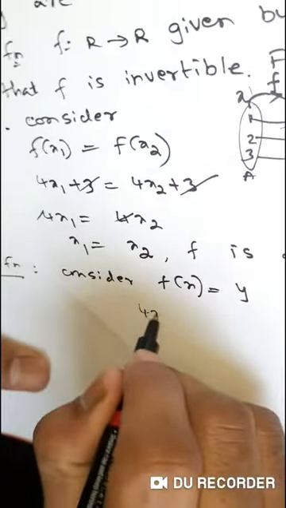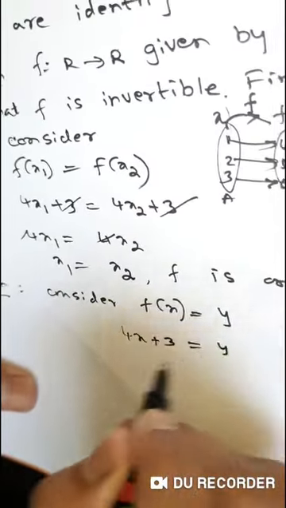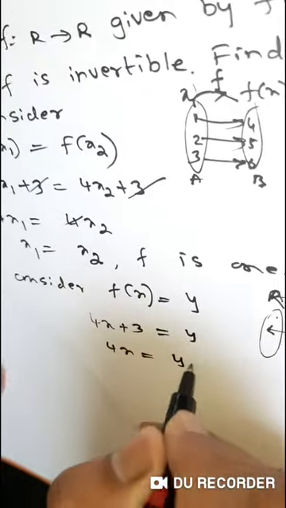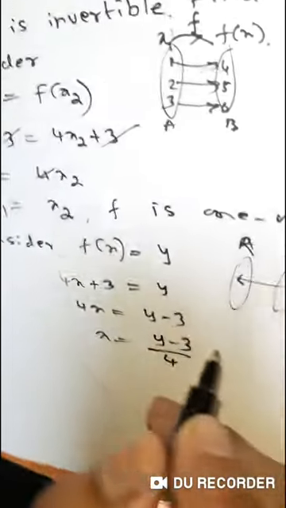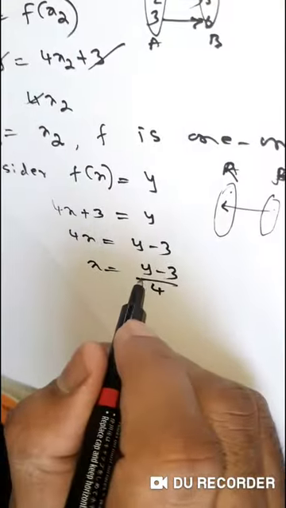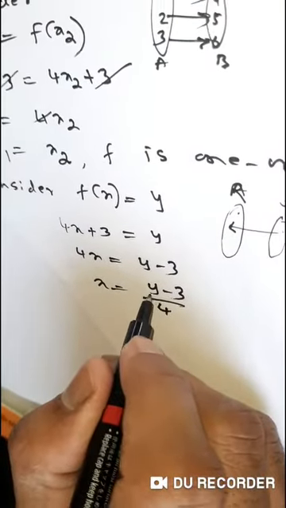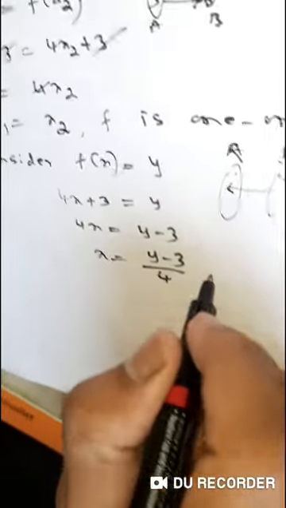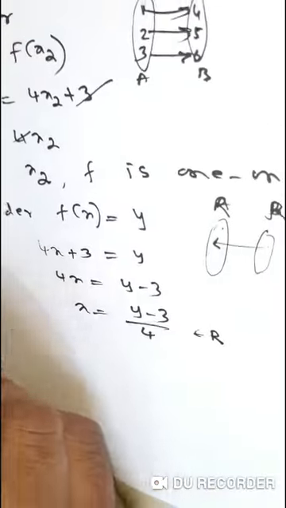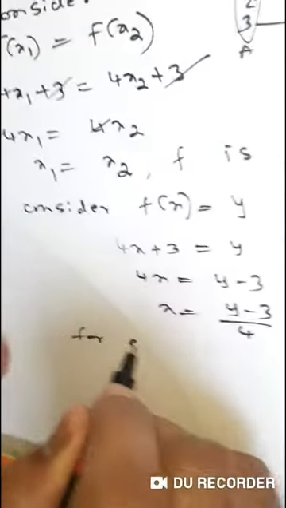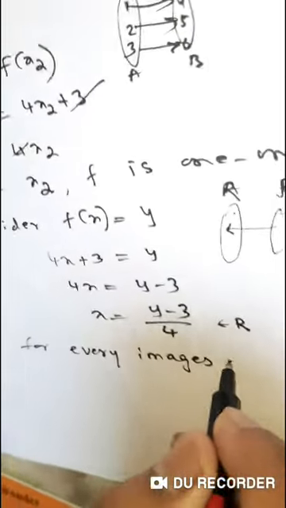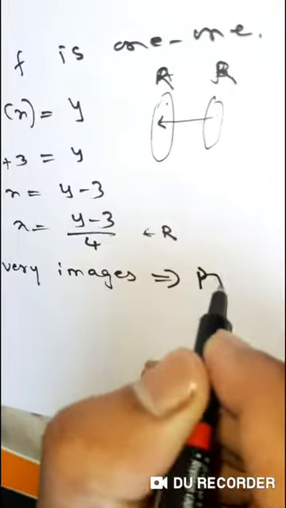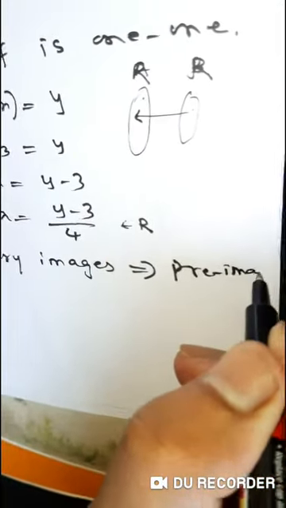f of x is 4x plus 3, that is equal to y. 4x is equal to y minus 3, then x is equal to y minus 3 divided by 4. Now, for any real number y, y minus 3 by 4 is also a real number. So for every image there is a pre-image.